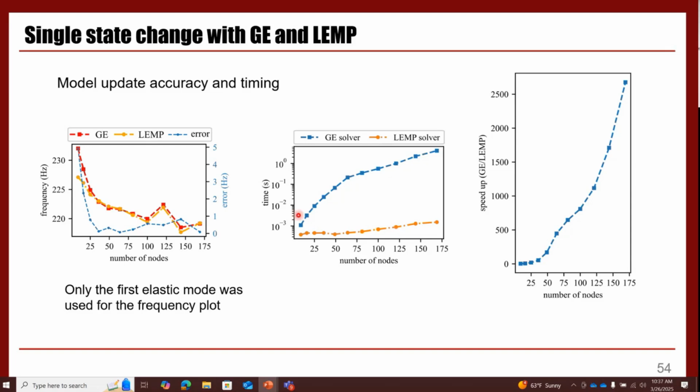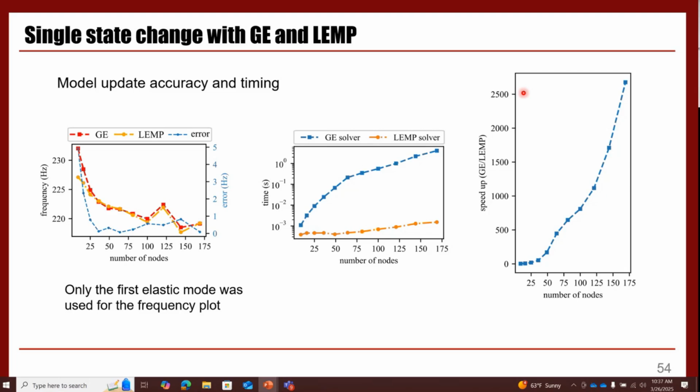However, the generalized eigenvalue time increases exponentially. But in this regard, the difference is that at 169 nodes, LEM is already performing more than 2,500 times faster than generalized eigenvalue, which is really, really good.